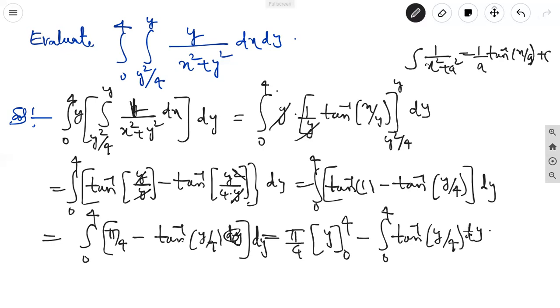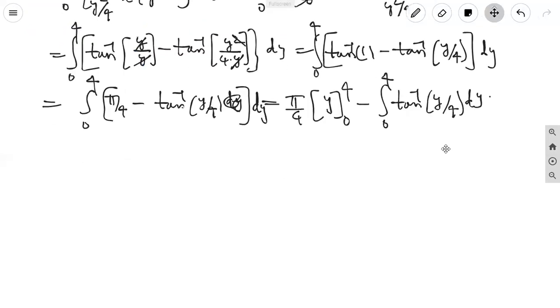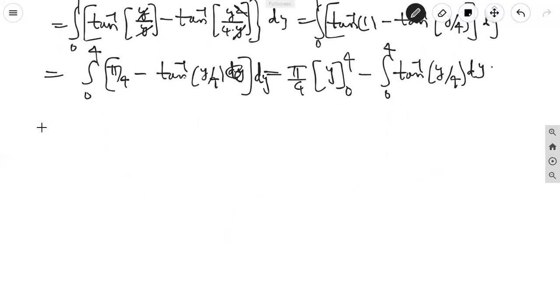From the by parts, we take integral 0 to 4 tan inverse of y by 4 dy.